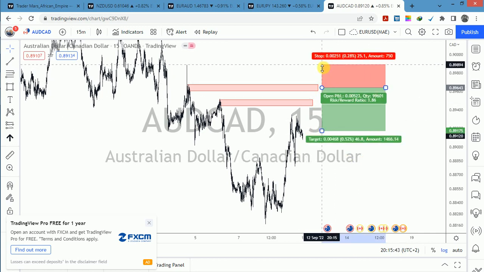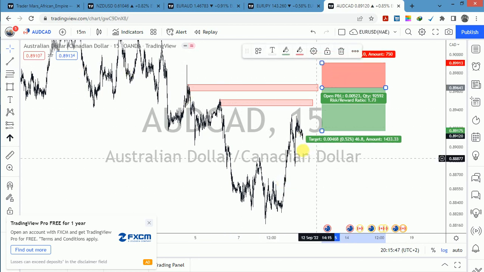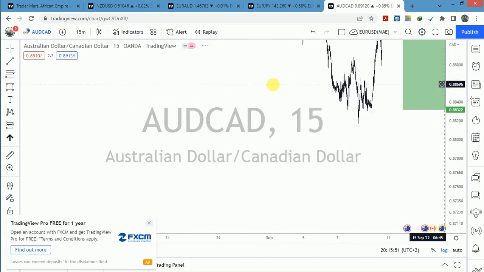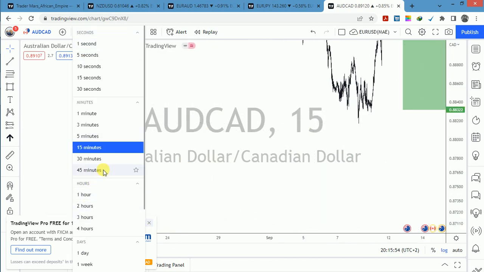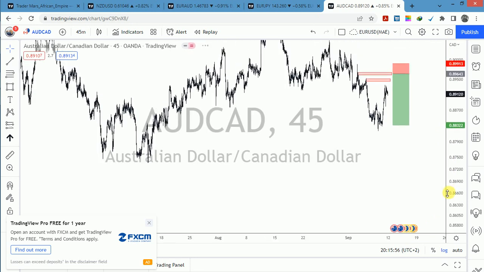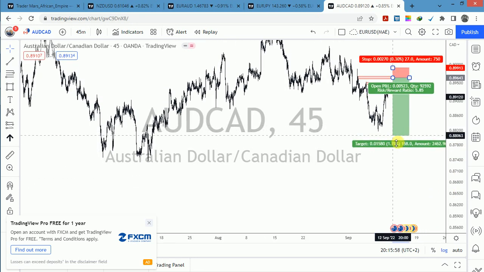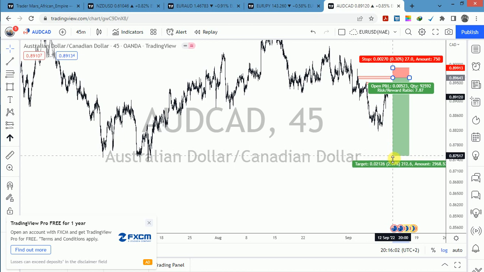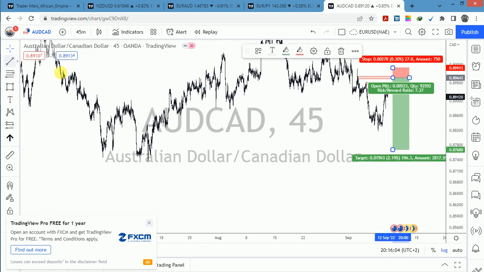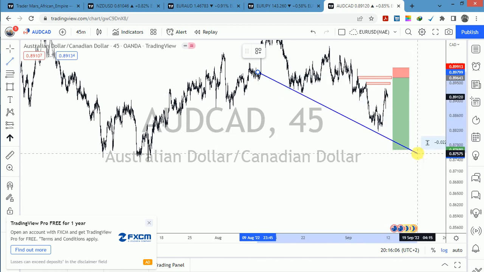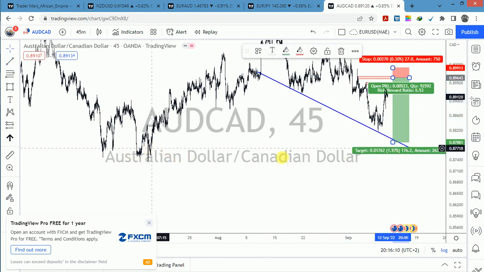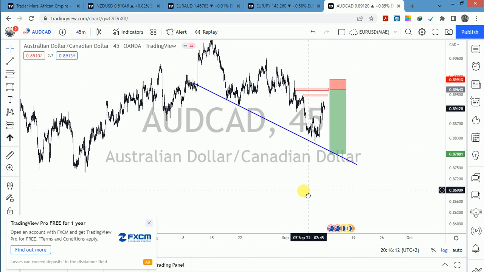And then our stop loss, let's see how much we can get from this one so that we can determine our stop loss. If we use a trend line, we can get around 170 pips.